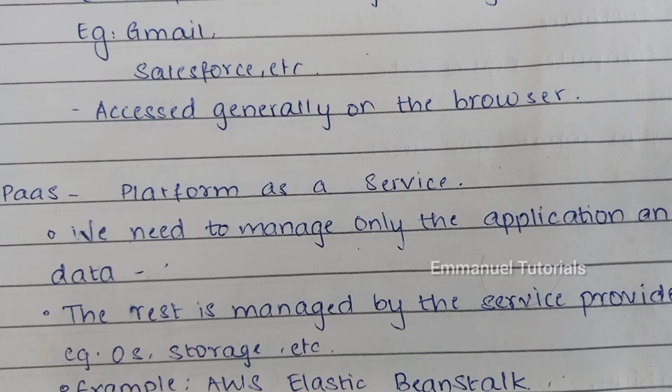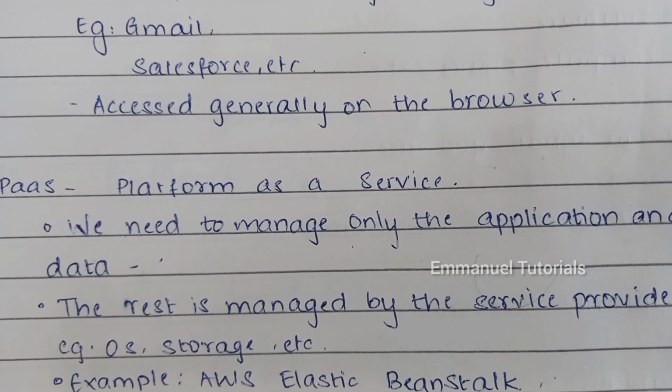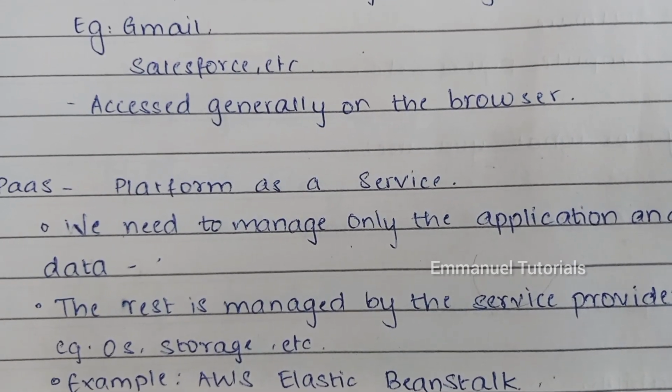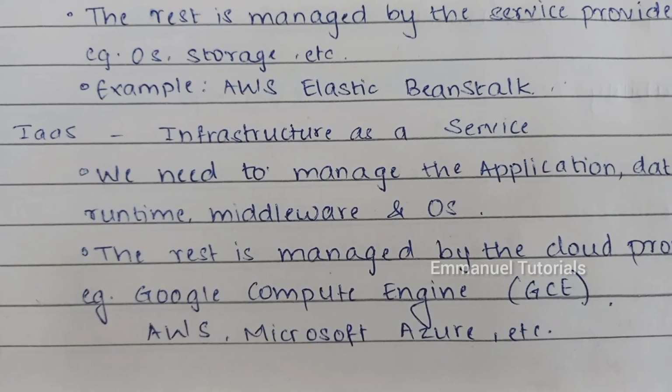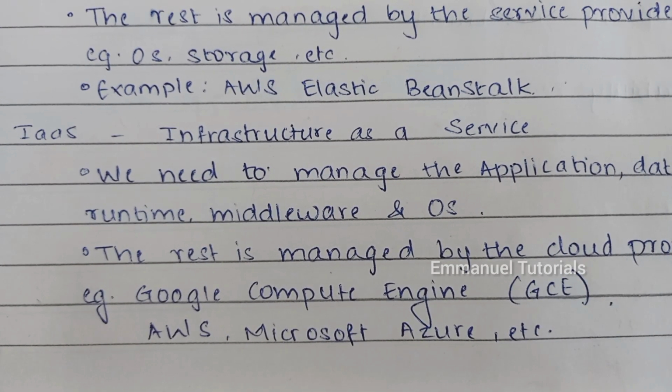It's only the developer's responsibility to manage the application and the data. So this is an example of platform as a service. One common AWS example is AWS Elastic Beanstalk. We will look at AWS Elastic Beanstalk in the further lectures, but for now, understanding that you manage only the application and data and the rest is managed by the cloud service provider is sufficient.